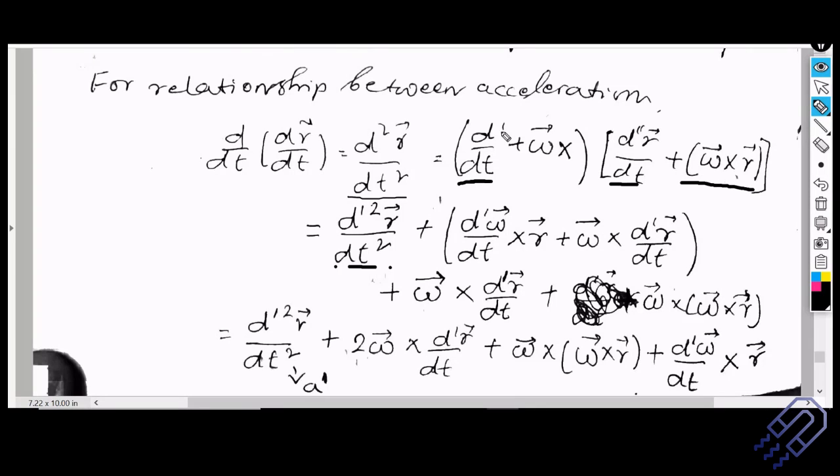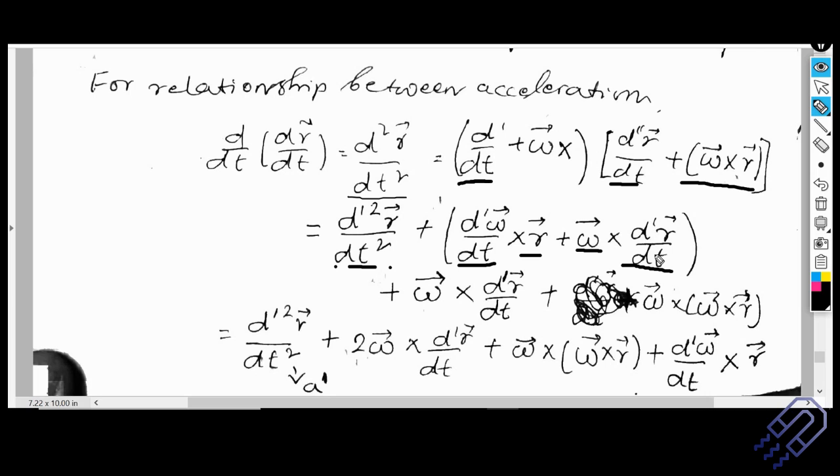Now you know that this is d'/dt with respect to omega and d'/dt with respect to r. So we have to do the product rule again. So we'll take d'/dt of omega cross r, where r is not differentiated with respect to time, plus omega bar cross d'r/dt.